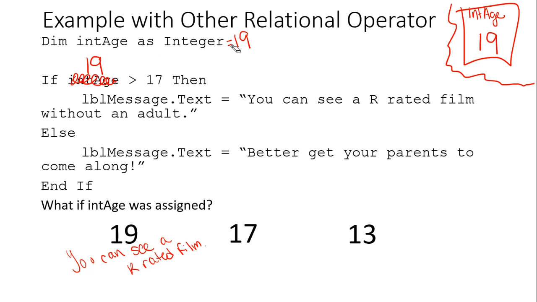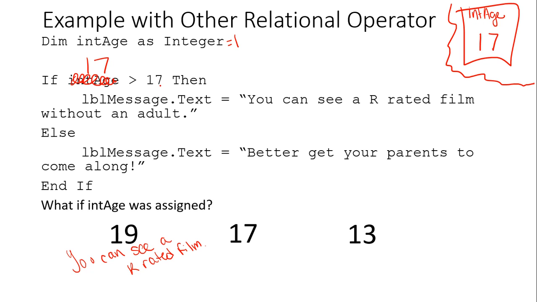Let's say then they're saying, well, what about this test case? What about 17? So we're going to check 17 here. 17. Okay, is 17 greater than 17? No, right? 17 is equal to 17, but it definitely ain't greater than. So that is a false statement.